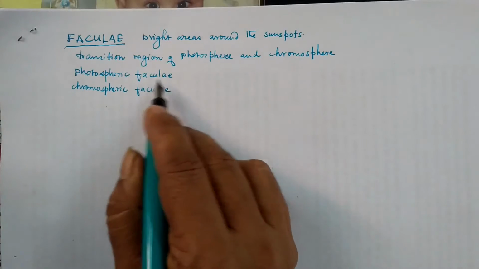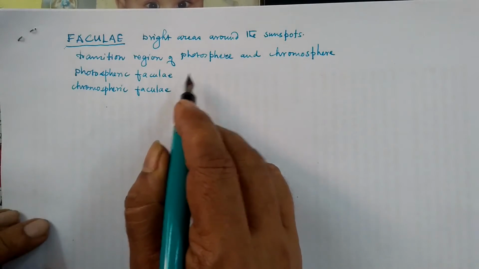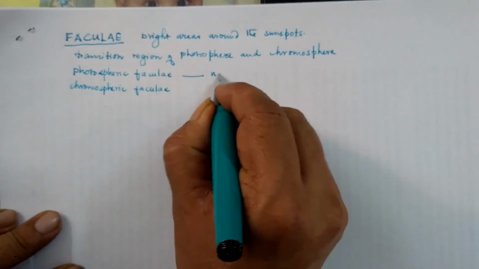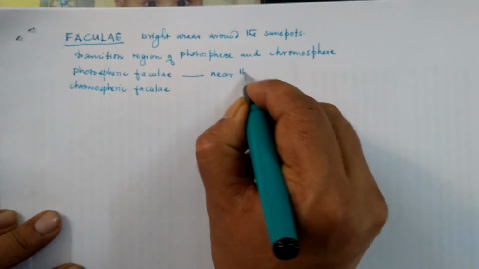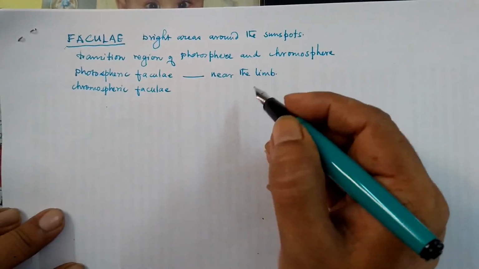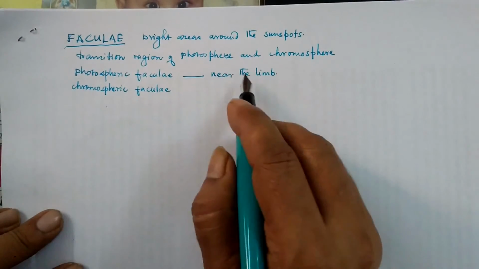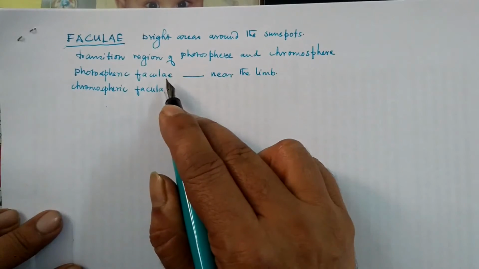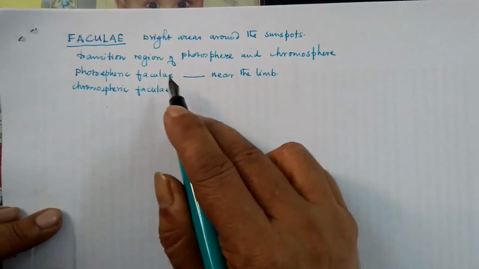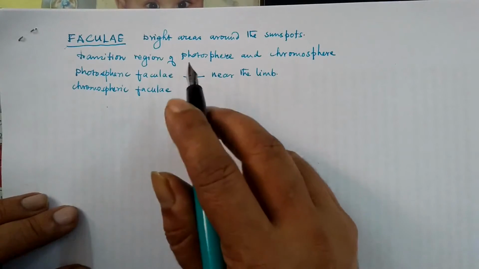Just like that, photospheric faculae are observed near the limb. Near the limb the brightness is less, hence we can observe them, and on the disk we cannot observe them because they lose contrast, but they are there.